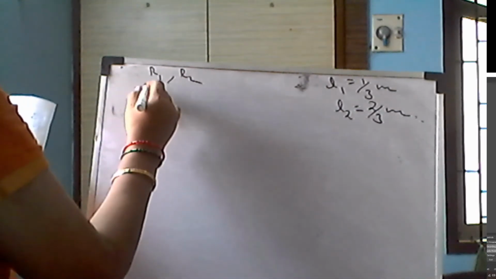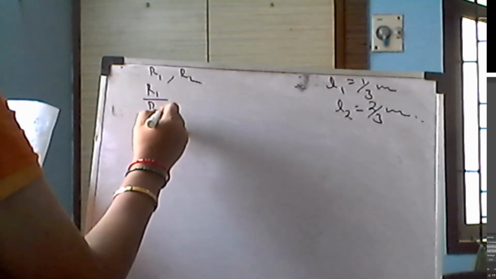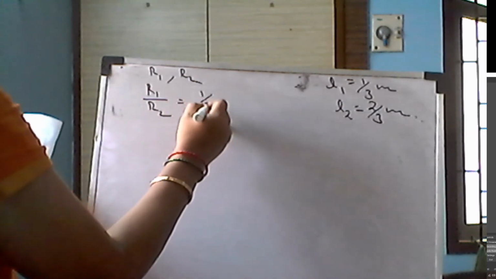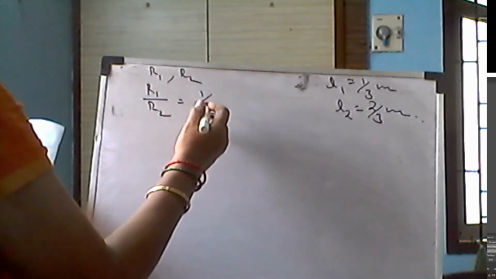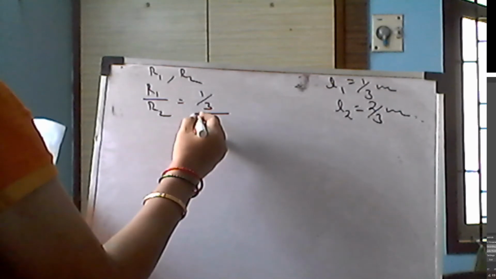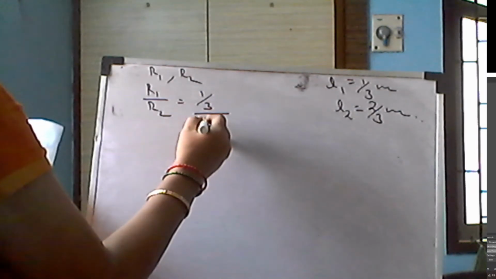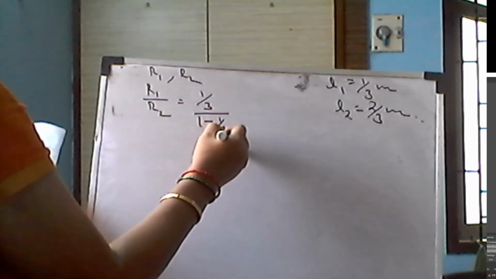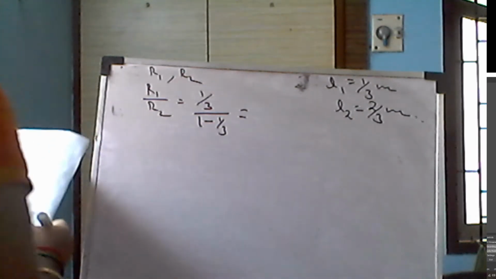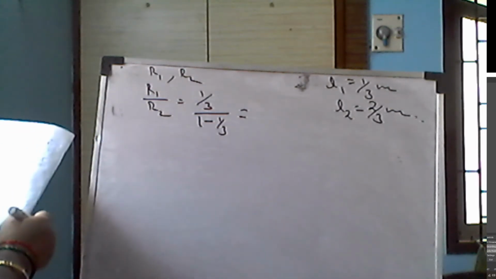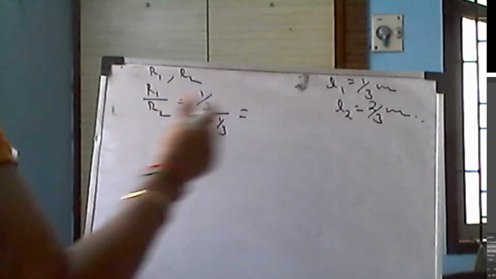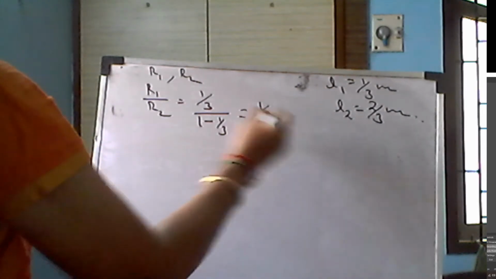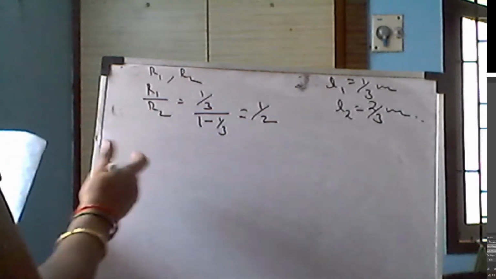In the first case, R1 by R2 is equal to L by 100 minus L. L is 1 by 3. So instead of 100, you can take it as 1 meter, 1 minus 1 by 3. So it will become 1 by 2.